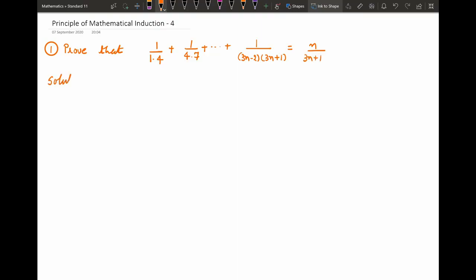So let us prove the result by principle of mathematical induction.